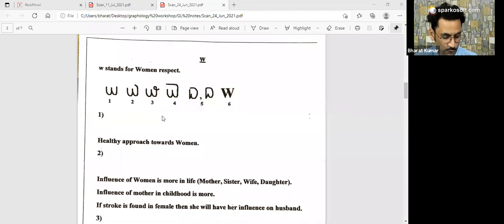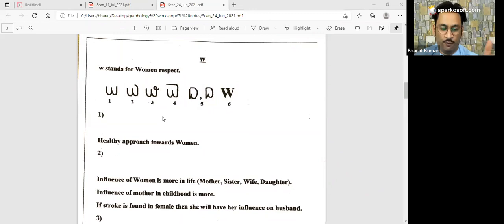Okay, I will go slow. So if you are using type 2, you are generally impressed by your mother. The influence of mother in childhood is more, and in young age a little lesser. Okay, if the stroke is found in a female's handwriting, then you are influenced by your husband.